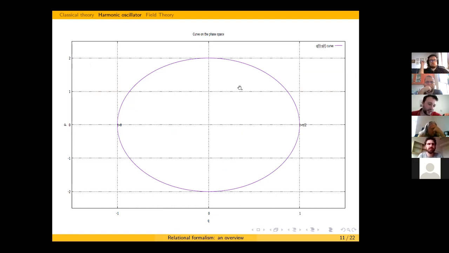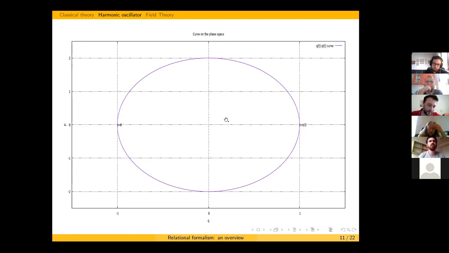But what is important here is that we draw this curve by this parametric system Q of t and P of t. This is not given by, as you see from here, just P with respect to Q. And now this is the point, the core of the relational formalism.